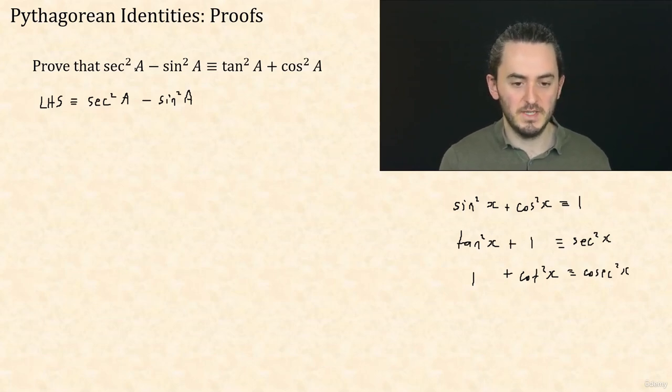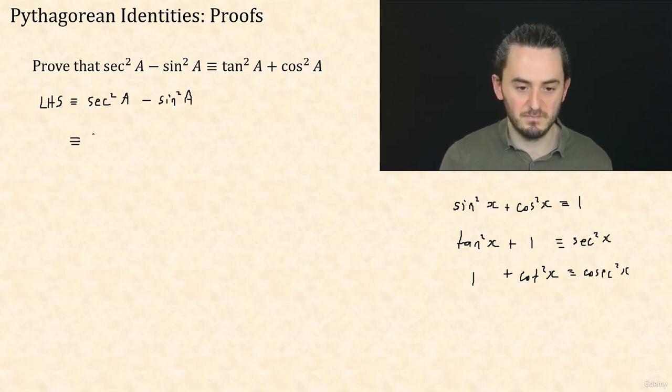So for example, is sec squared a related to any of the terms here? Well, yes, because sec squared a is related to tan squared a by this identity here. So I'm just going to directly replace sec squared a by tan squared a plus 1, because they are the same. So that is just tan squared a plus 1.